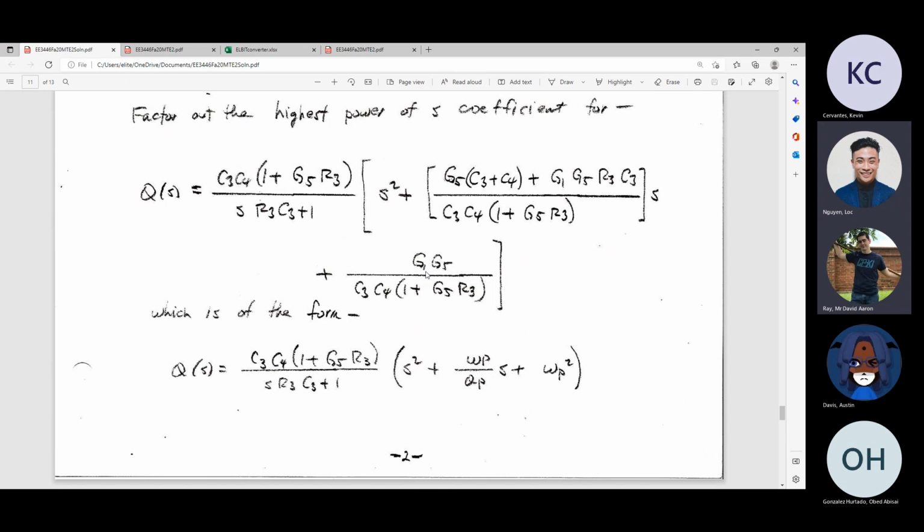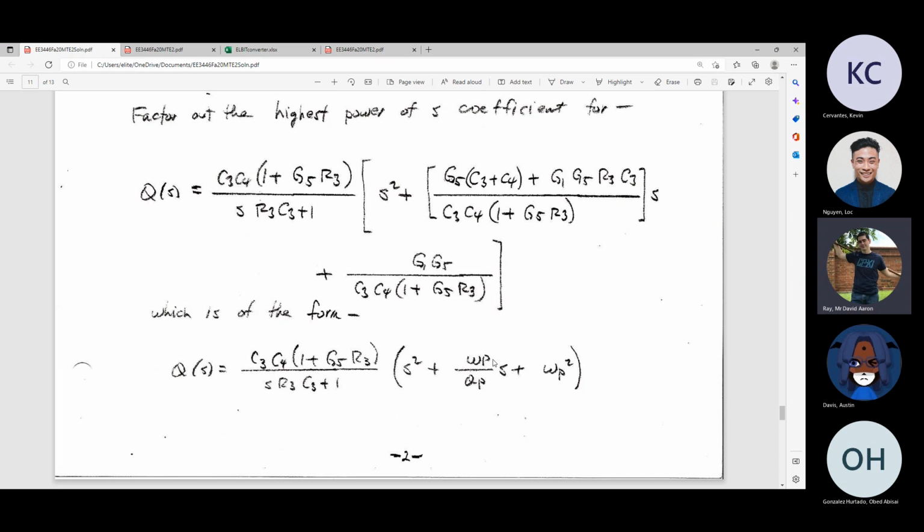Oh wait, never mind. Okay, so what he's doing is that omega p squared, this bottom right number, is equal to g1 g5 over c3 c4, that kind of thing. You just do the square root of that, and that gets you omega p.